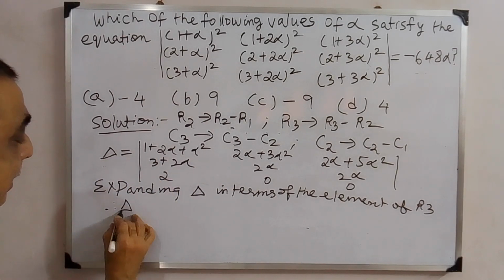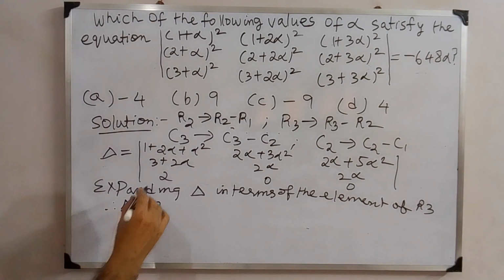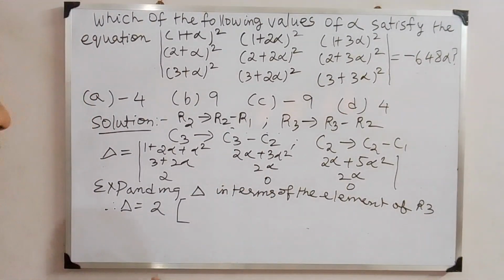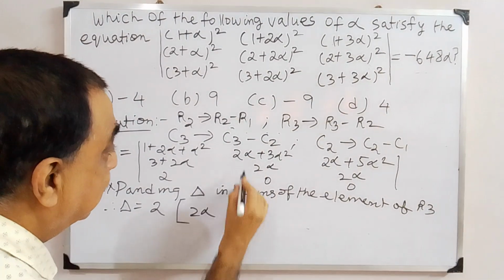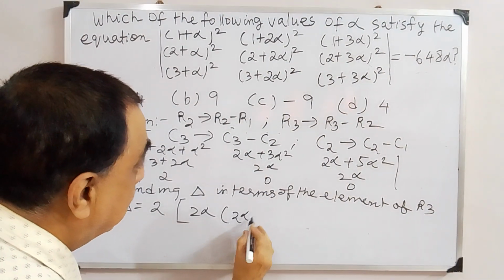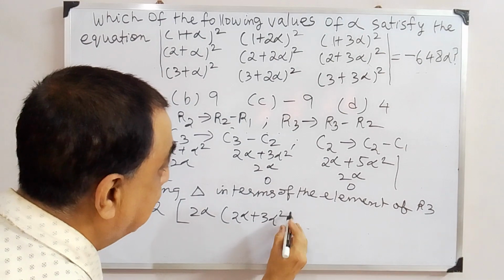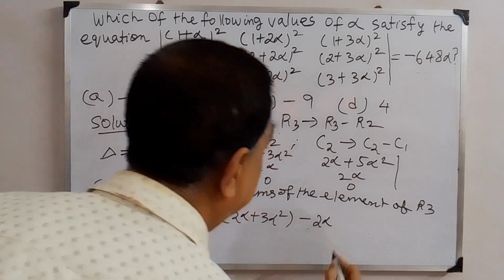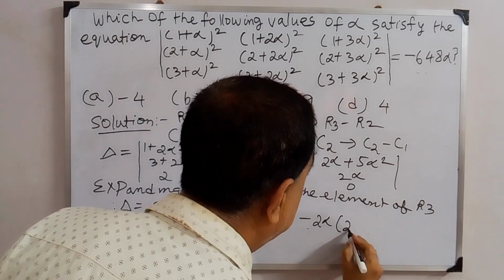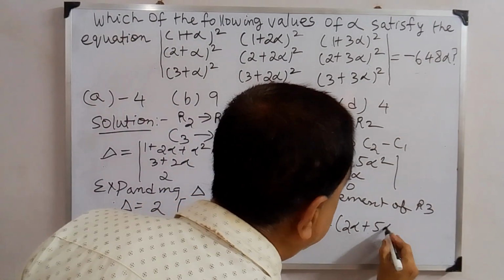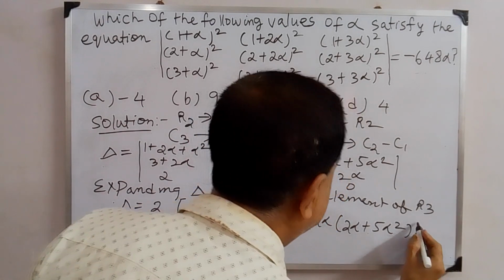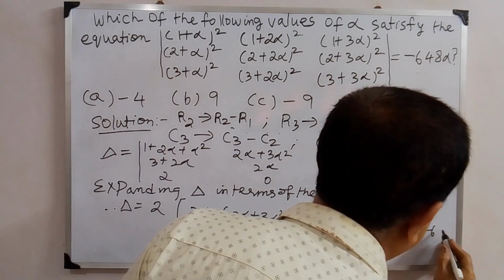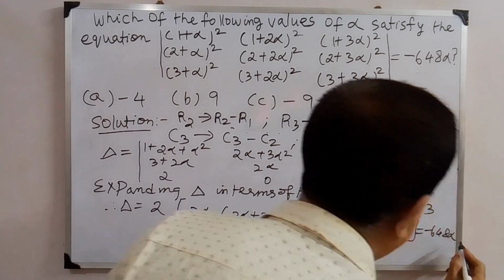So delta will become 2 into the cofactor of 2, that is 2 alpha into this. So 2 alpha into 2 alpha plus 3 alpha squared, minus 2 alpha into this. So this will become 2 alpha into 2 alpha plus 5 alpha squared. This value is given as minus 648 alpha.